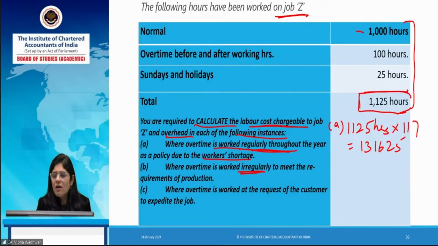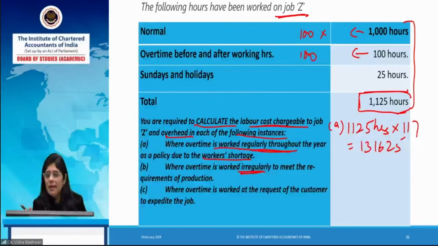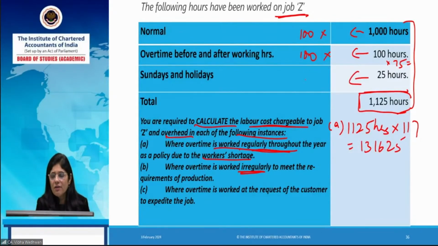So 100 into 1,000 will be the normal direct cost. 100 hours, the 100 again will be the direct cost. Overtime alag hai. So here 100 into 75 will be overtime, but this will be normal. So total is 175. 25 hours ka rate hai 225. 100 will be normal, but 125 will be overtime.